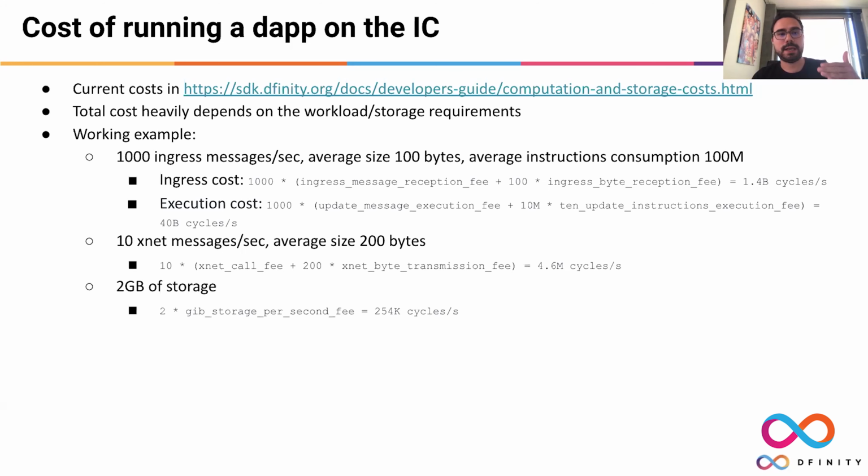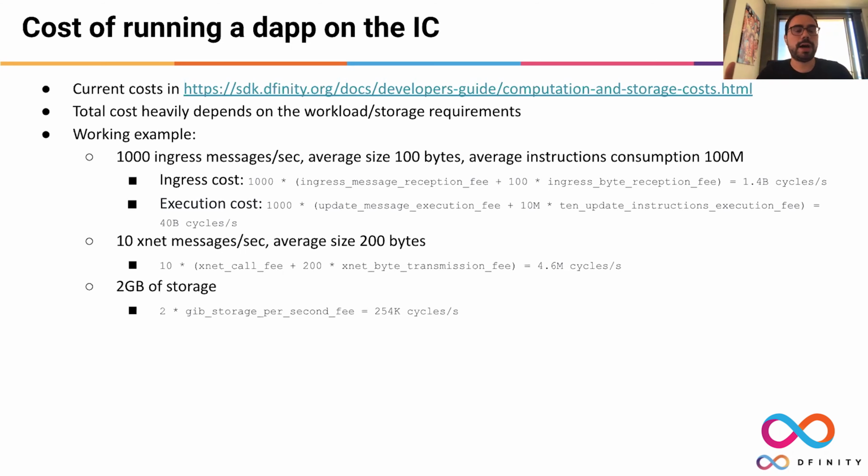With these prices and what you heard about today, you should be able to understand how different actions reflect on your cycle balance. And you should be able to do something like what I've done here. It's completely a speculative example.